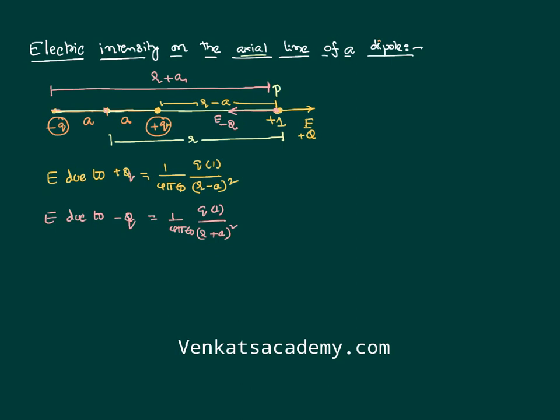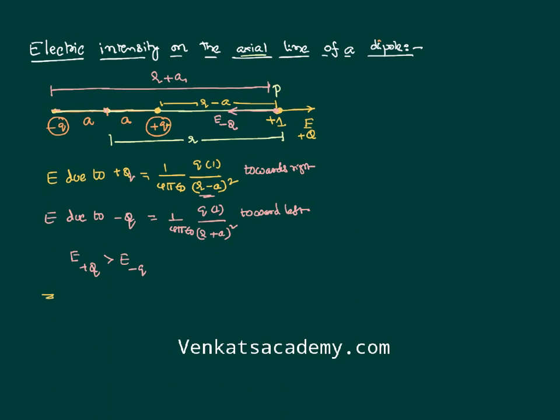You can notice the force due to the positive charge is acting towards the right, whereas the force due to the negative charge is acting towards the left. And it is very clear that as this denominator is smaller, the electric intensity due to the positive charge is more than that of the negative charge.